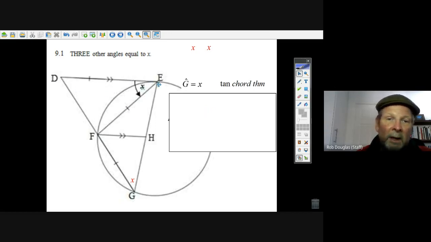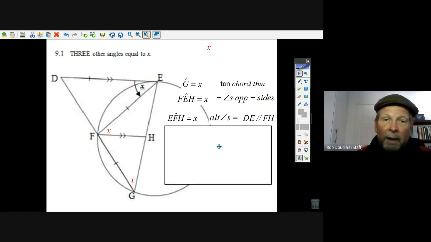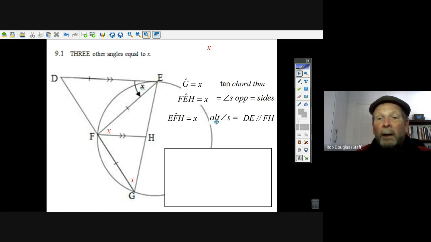We can get other X's too. We can use the parallel lines to get an X here. There's more than one way to do these, but we could get that this angle here, EFH, is equal to X because of alternate angles being equal. I did them out of order a little bit here.